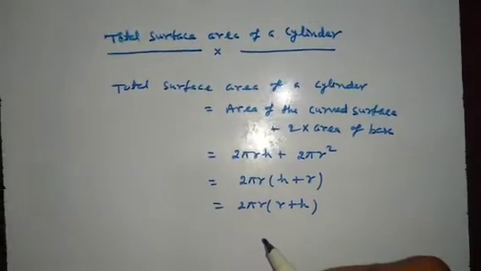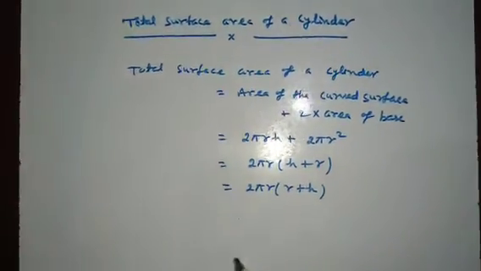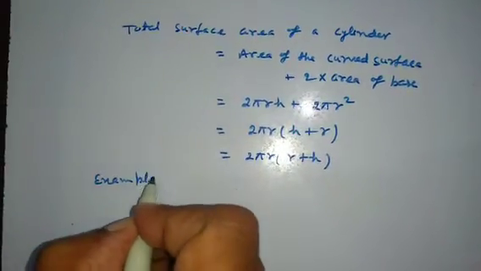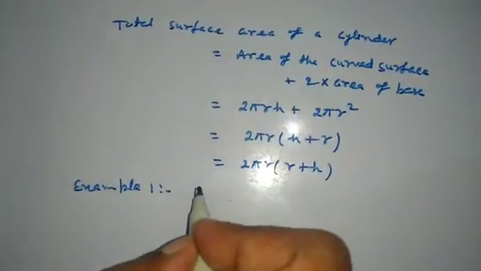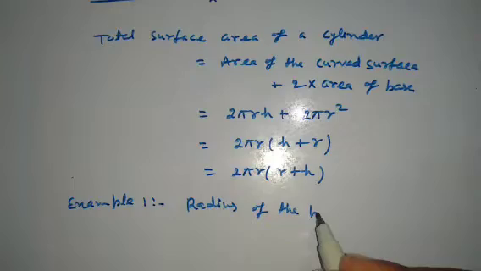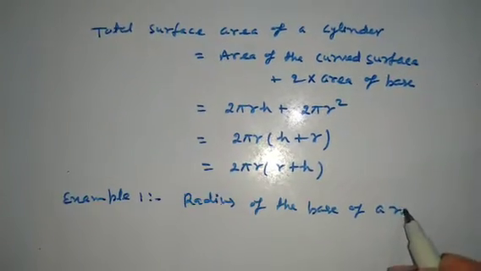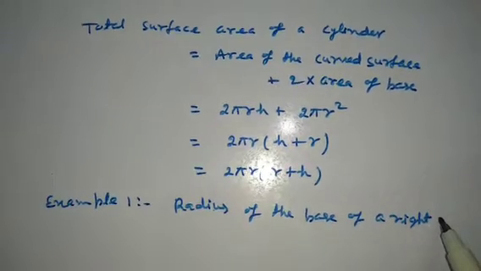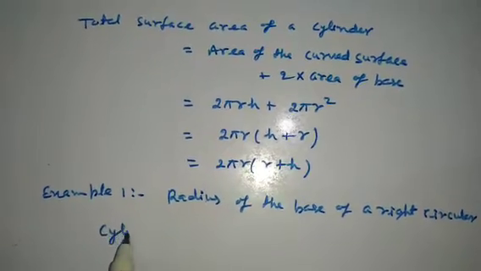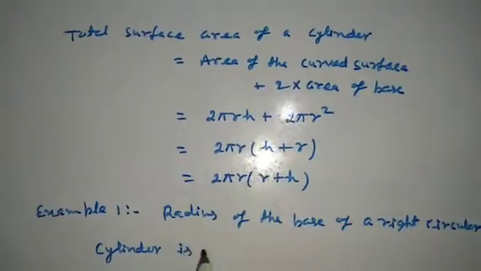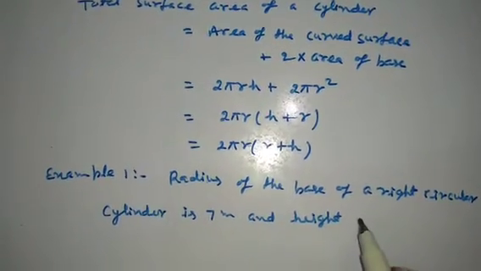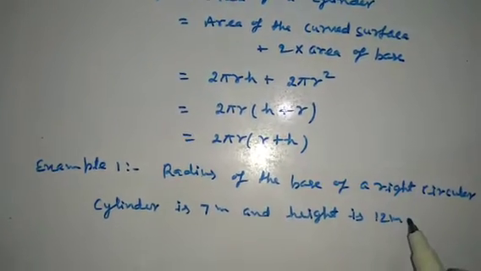Now we will clear this with example 1. Radius of the base of a right circular cylinder is 7 meter and height is 12 meter.